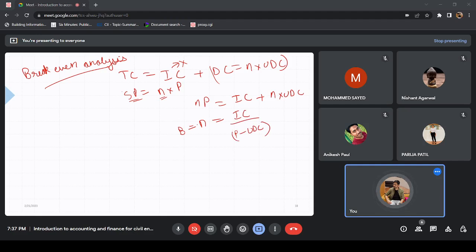Is this clear? Okay, so now let's see what is happening.